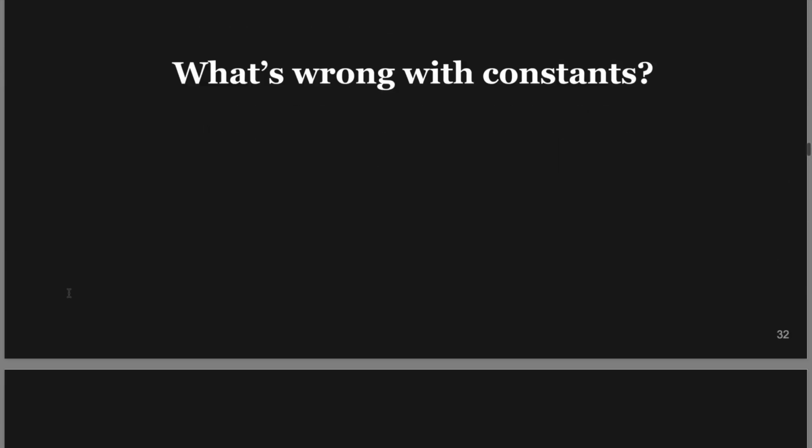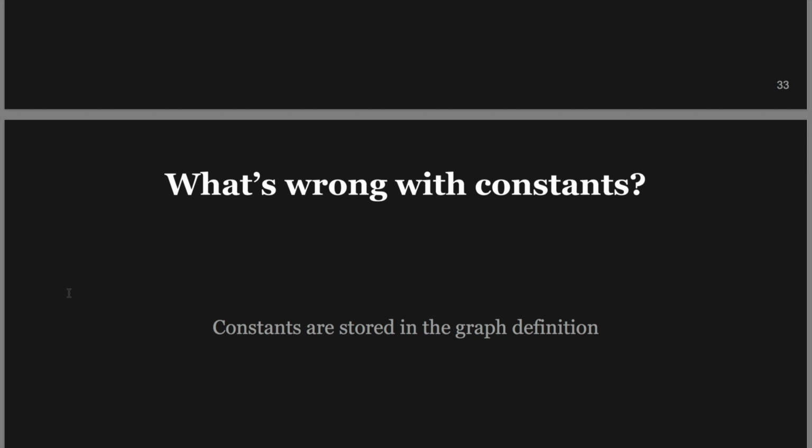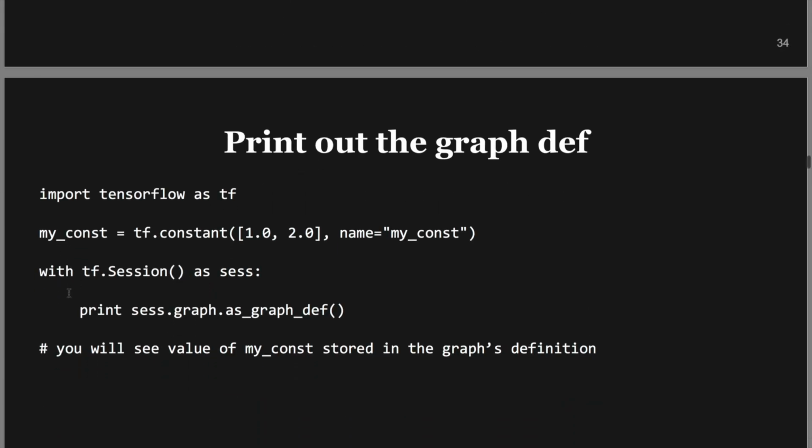Okay, so what's wrong with constants? Well, they are constants. That's a big problem with constants, that they are actually stored in the graph definition. So let's say we define a constant, tf.constant, a vector of two floats, and let's say we print out the graph, and the way you do that is sess.graph.as_graph_def.